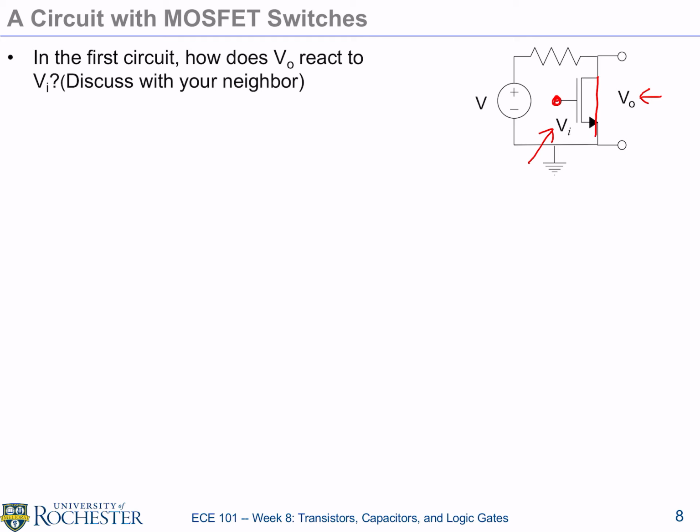Imagine it as a piece of wire. So current would flow in the circuit, and the current across the resistor is just V over R. Since this is a short circuit, we don't even need to know the current. We know the voltage across it is 0, or close to 0.